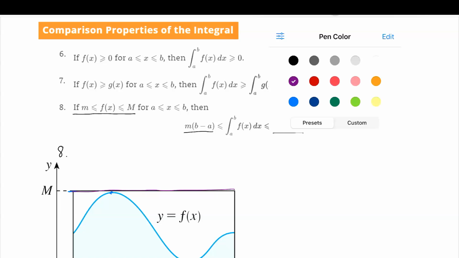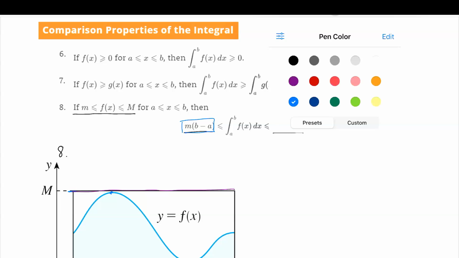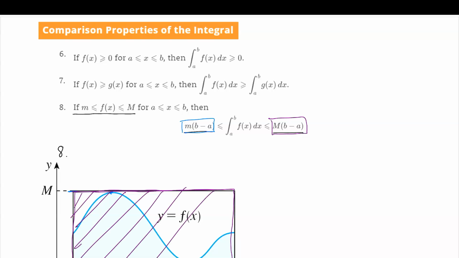The cap M times b minus a, right, so actually, here, let me relate that. The cap M times b minus a is this purple enclosed rectangle. And so again, cap M times b minus a is the area of a rectangle.